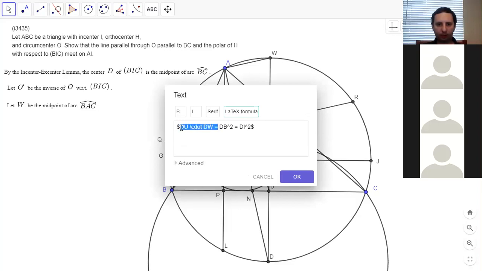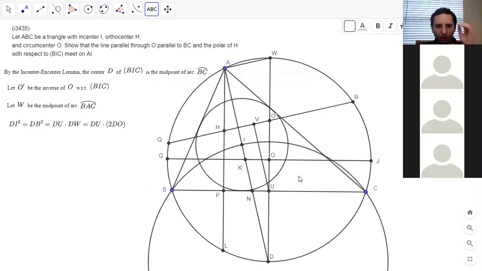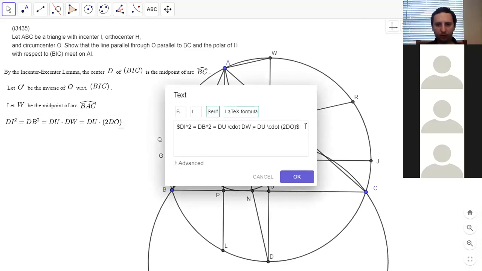That's DU times DW, which is DU times 2DO, which is 2DU times DO.